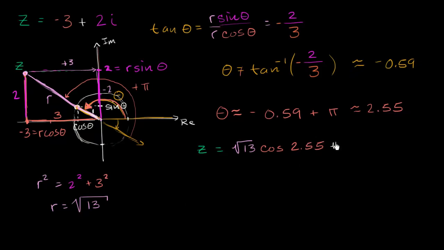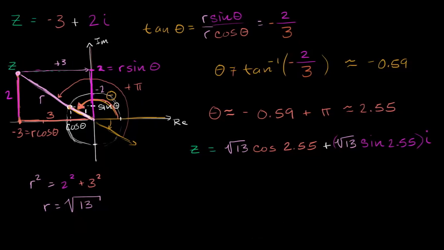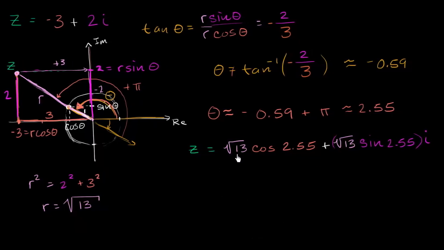So r is square root of 13, and then sine of theta, 2.55. And then all of this is going to be multiplied times i.